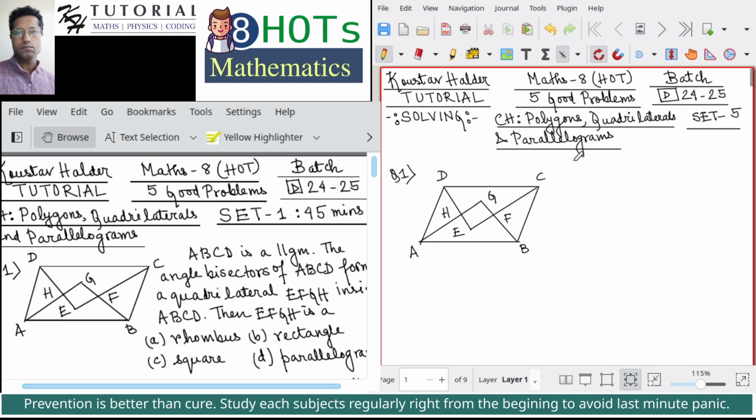How do we know what kind of quadrilateral is EFGH that is formed inside the parallelogram? One way is that since the quadrilateral EFGH is formed by angle bisectors, we can possibly use the angles of the parallelogram.